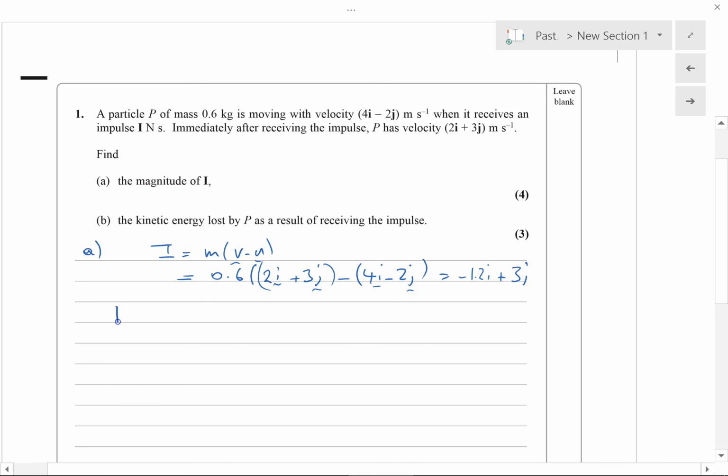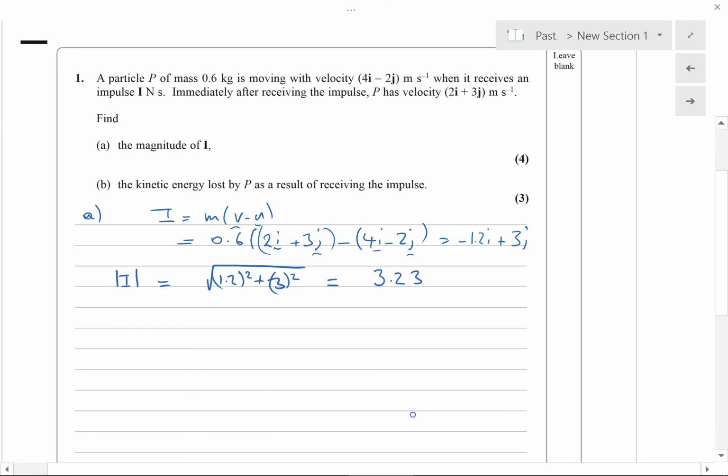It wants the magnitude, which is going to be the square root of the sum of the squares of the components, ignoring minuses, because they just give a direction. That, to three significant figures, is 3.23. Let's give three significant figures in our answers. They did in the mark scheme allow a third answer, but we'll leave it like that.